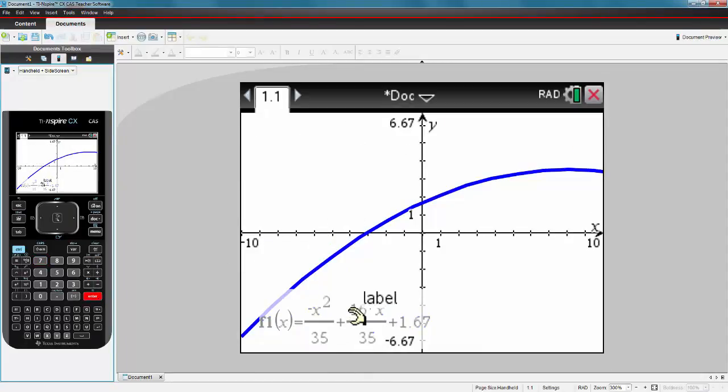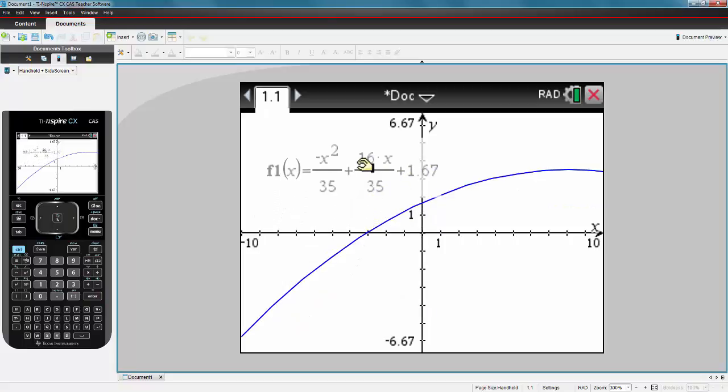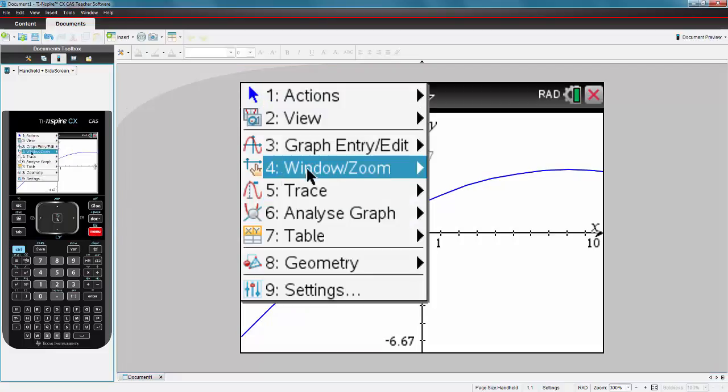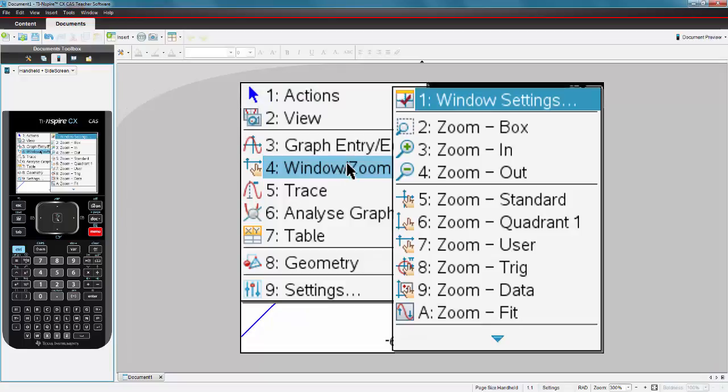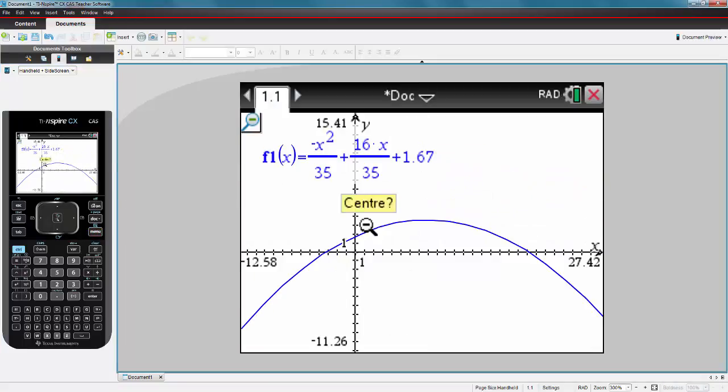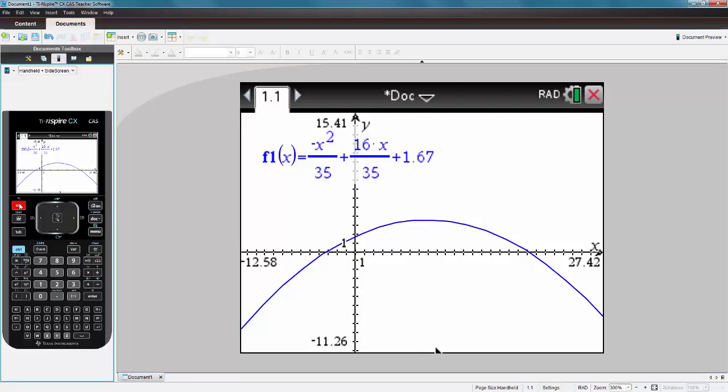This is our function. I'm going to move this one up here and zoom out one so I see what's happening down here and to the right. Menu, zoom out, and then I can do a box zoom to zoom in on the important part of the curve.